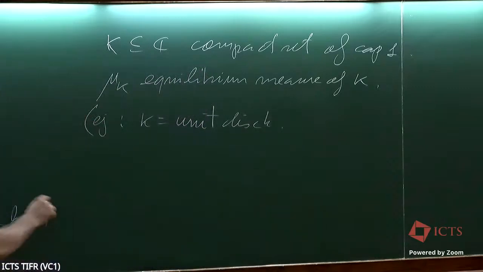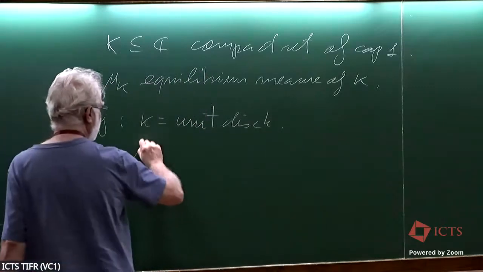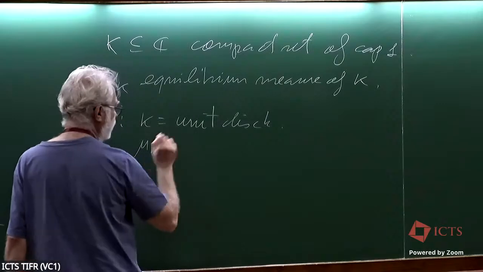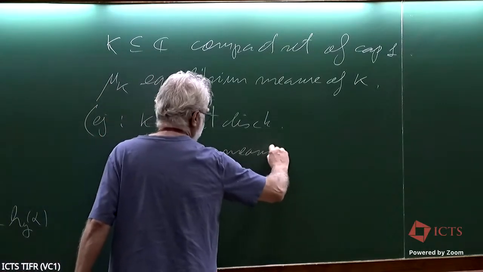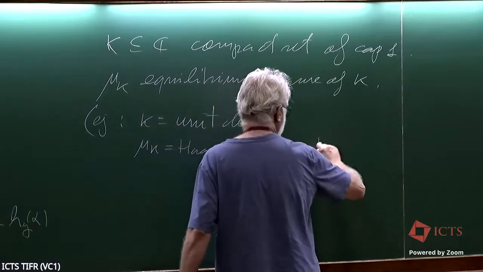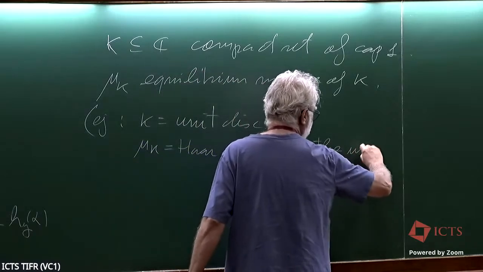And then the equilibrium measure, mu_K, will be just the Haar measure on the unit circle.